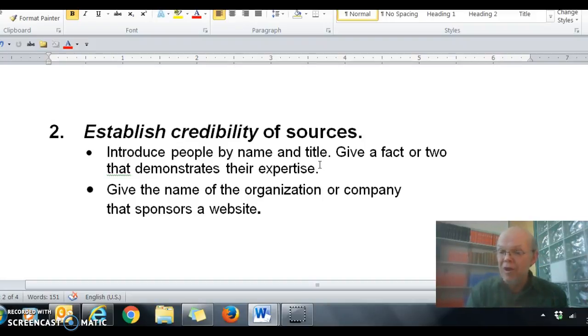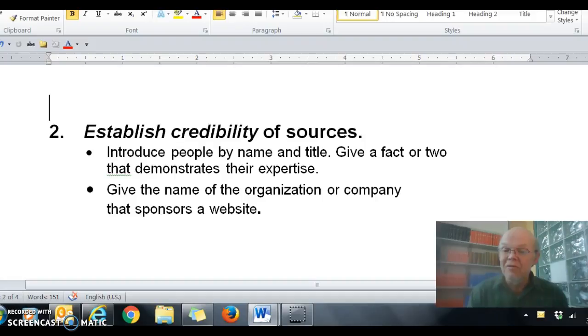Start prior to the quotation, say something like this: the American Society of Social Workers gives this projection about the growing need for new people in the profession, right? Naming the organization up front prior to the actual quote or paraphrase, all right?